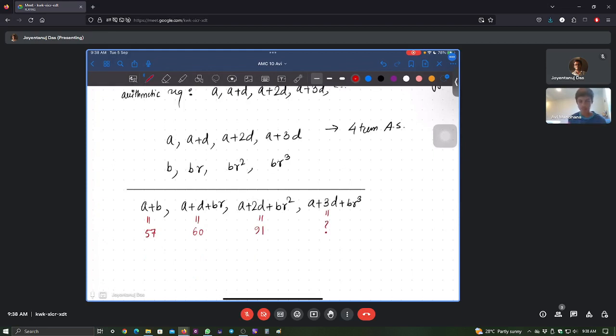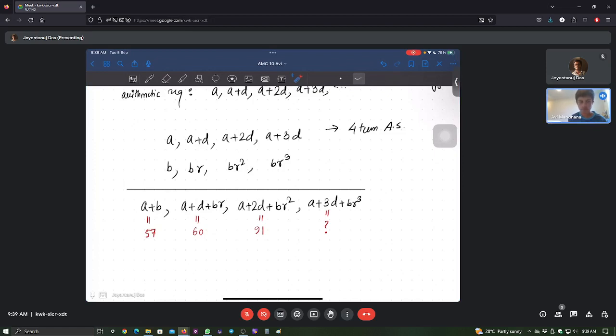So yes, you have to solve the system. Of course, there are four unknowns: a, b, d, and r. But you have only three equations, so you have to solve them. So how to do it?